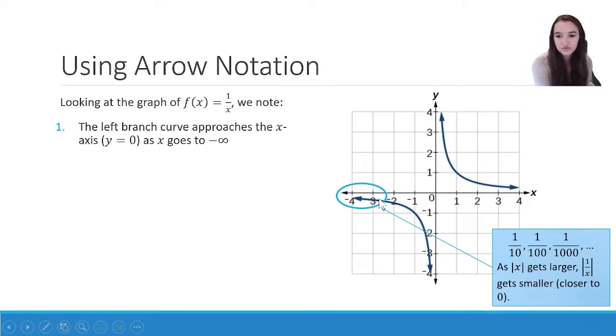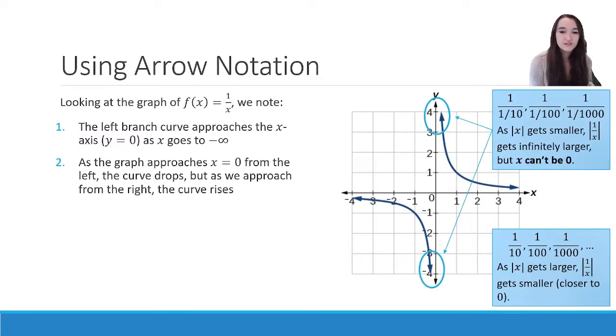As I head along the x-axis, the graph of the function heads towards 0, because 1 over 10, 1 over 100, 1 over 1,000 are all getting smaller and smaller. Even though these are negative numbers over here, negative 1 over 10, negative 1 over 100, negative 1 over 1,000, it's still going to get smaller and smaller, but never actually hit 0 or cross it.